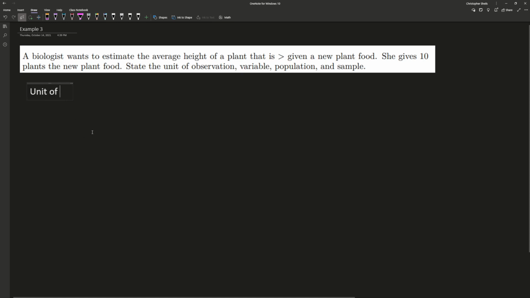So our unit of observation here. Let's read this again. A biologist wants to estimate the average height of a plant that's given a new plant food. She gives 10 plants the new plant food. So our unit of observation is going to be a plant that's given the new plant food.